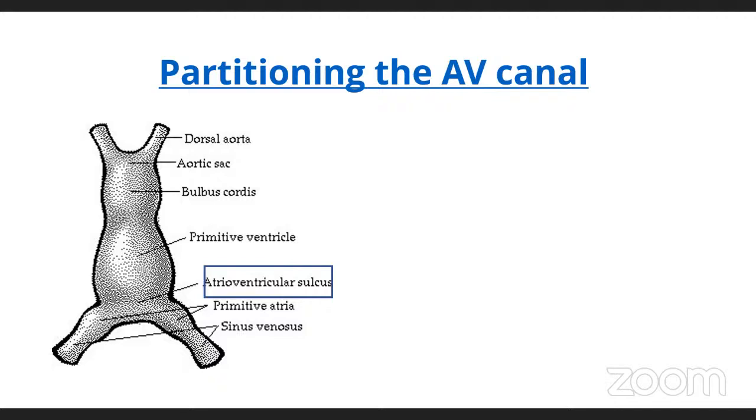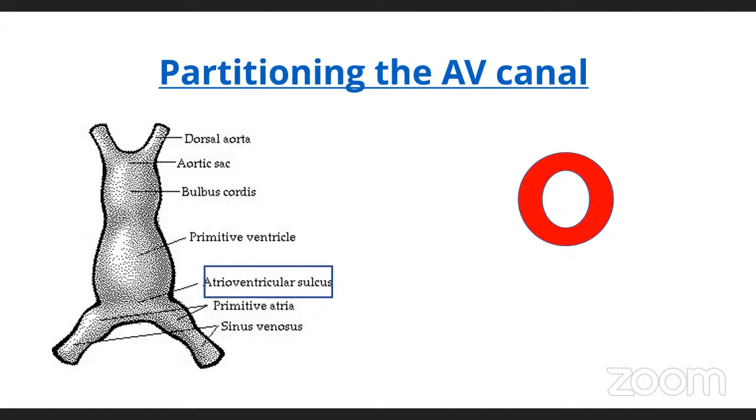When we look at the inner aspect of the heart tube, this will be the posterior portion, and this is the anterior portion of the heart tube. And imagine that you are facing the primitive atria, and the primitive ventricles are inside.